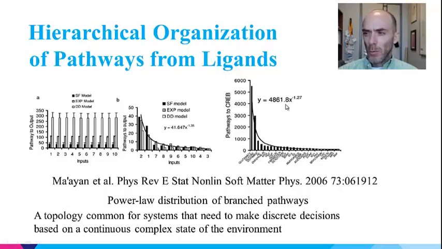So if you count the number of pathways from receptors to effectors in a cell signaling network from literature, we can see that pathways to effectors are branched in parallel. This means that from some receptors, there are many branches to reach the effectors, like the transcription factors. While from other receptors, there are only few known pathways.